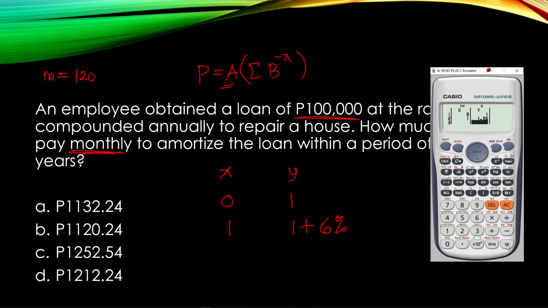Then, equal sign, press AC, summation of, shift 1, 5, 2, raised to the power of negative X, from 1 to 120. Okay.